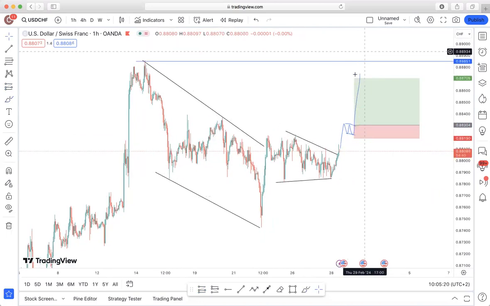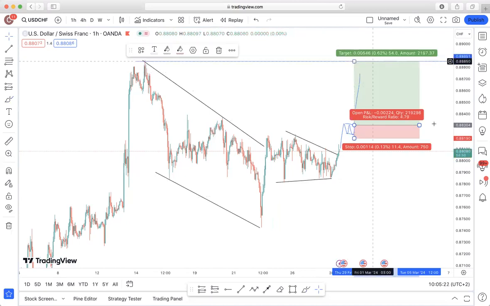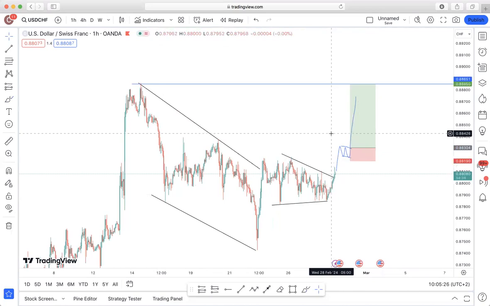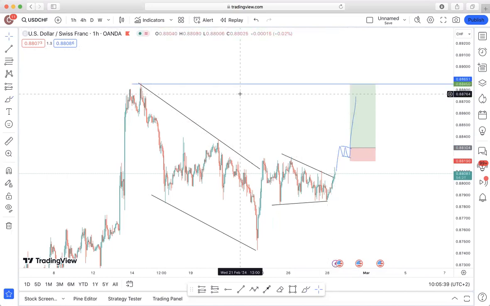This is how I'm looking at those buys to the upside, like so, guys. So if price gives me an impulsive movement and a small continuation structure, then that's when I'll enter on the breakout so that I'm more likely to get tagged in the impulsive movement that is more likely to happen in the breakout. So this is how I'm looking at the USD CHF.